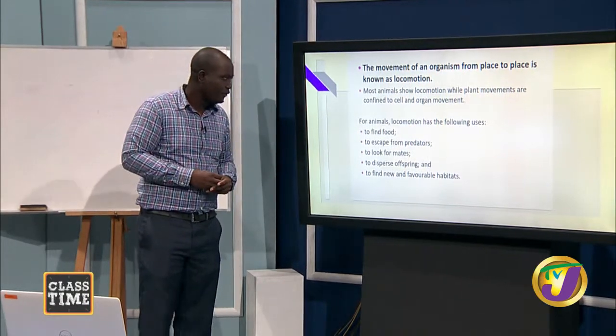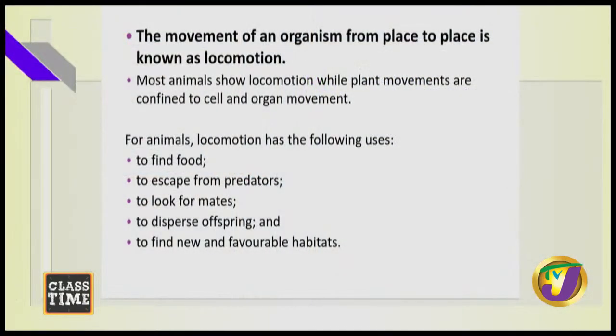One, to find food. Plants do not need to undergo locomotion to find food because they make their own food by photosynthesis, whilst we as animals have to go and hunt for food. When I'm hungry, I can't stand up in the sun and open my arms and get food. I have to go and prepare food.